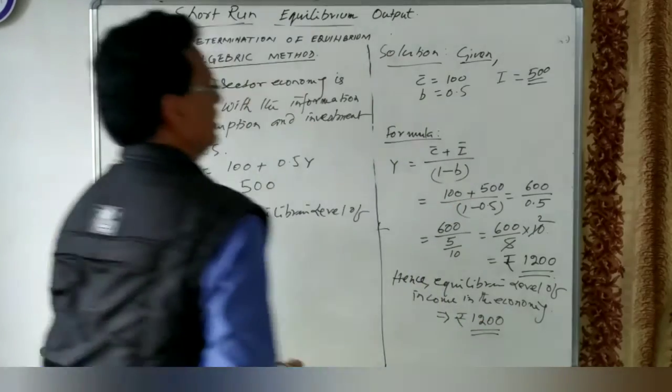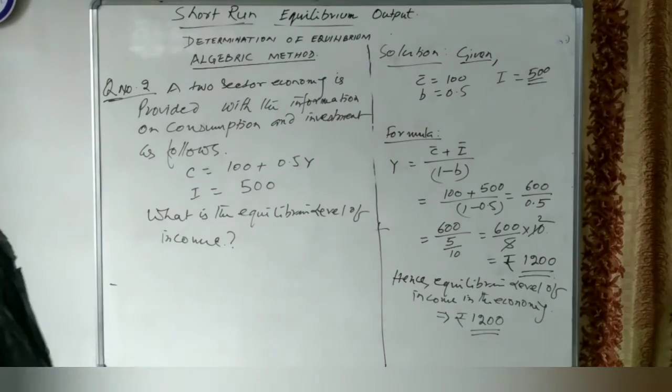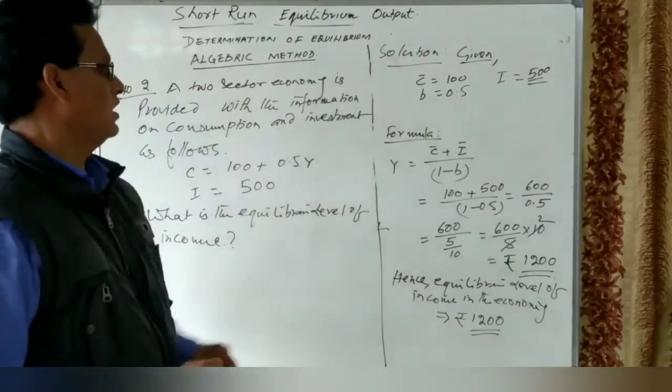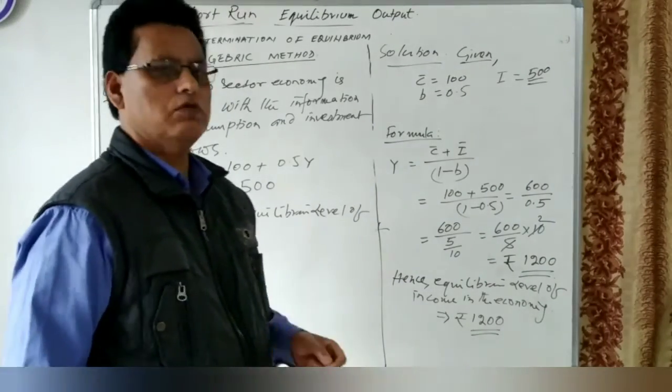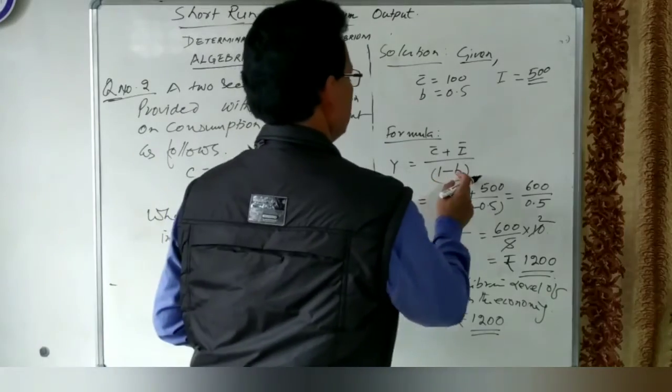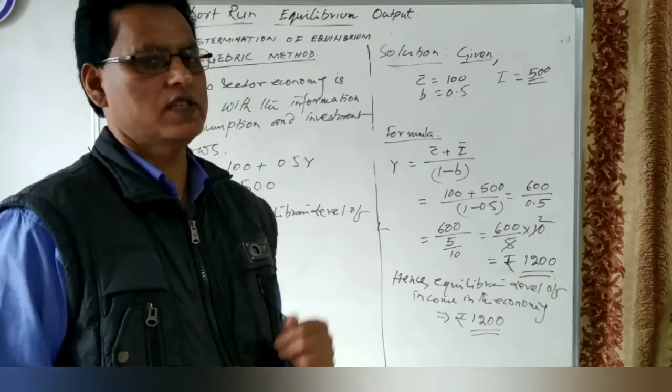I think this is clear to all of you: how to derive the equilibrium level of income with this algebraic method and how to solve the numerical question. In the examination, sometimes B is not given, and the marginal propensity to save is given instead.